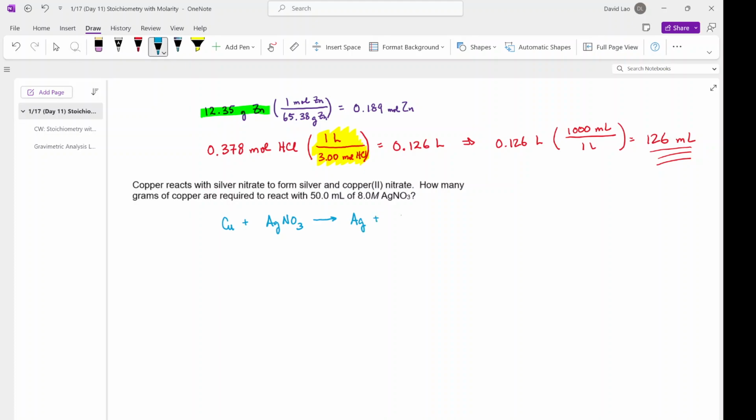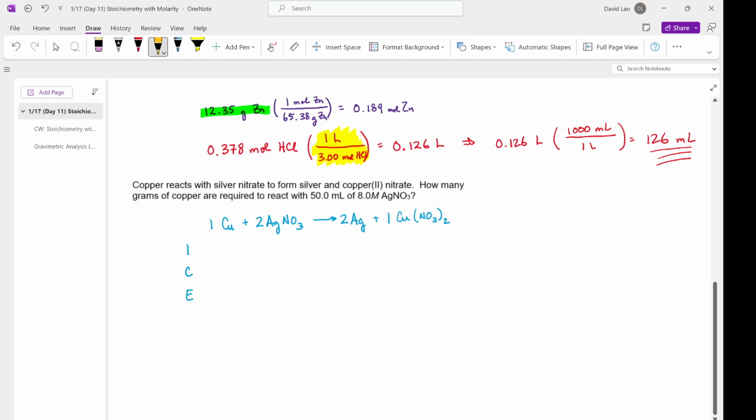And then we get copper nitrate. Nitrate is a -1 charge, so we need 2 units of that to match up with each copper. The reaction's not balanced yet because we don't have enough nitrates on both sides. So I'm going to put a 2 right here, a 2 right here, and then everything else should get a 1. We can construct our ICE table again.